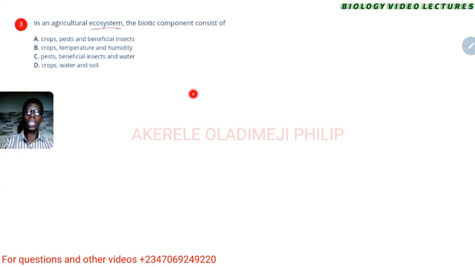So option A, crops are living, pests are living, beneficial insects are living. That looks like the answer. But B cannot be correct because humidity and temperature are non-living. Water on the sea is not living, water and soil is not living. So the answer is A, which is crops, pests, and beneficial insects.